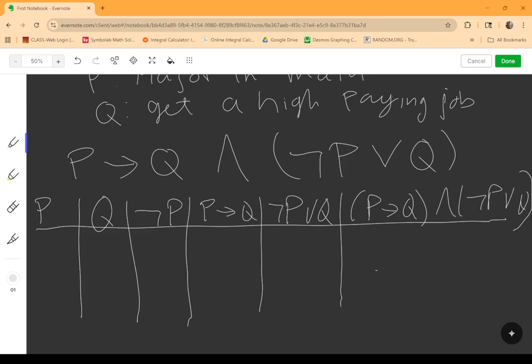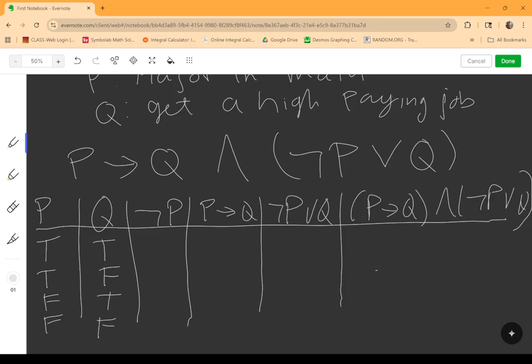So we start off here with P, Q, and not P. Let's go through the different possibilities. The first one is true, true. True, false. False, true. And then false, false.